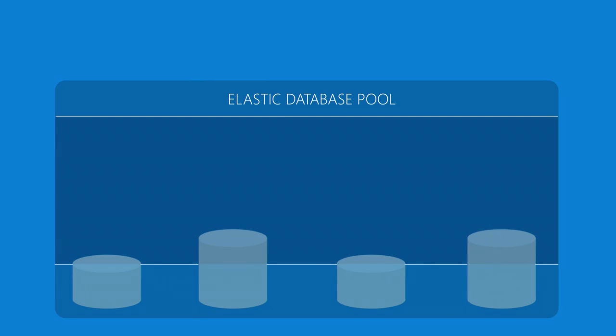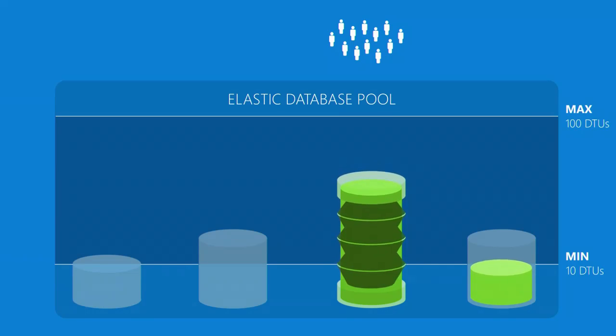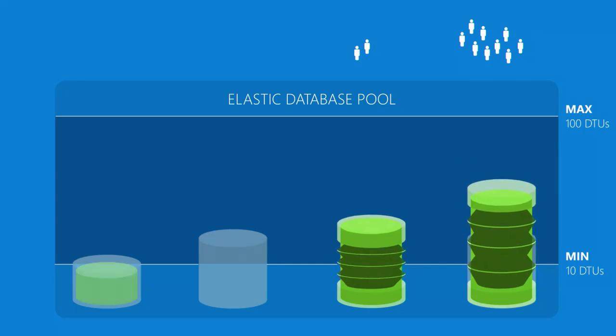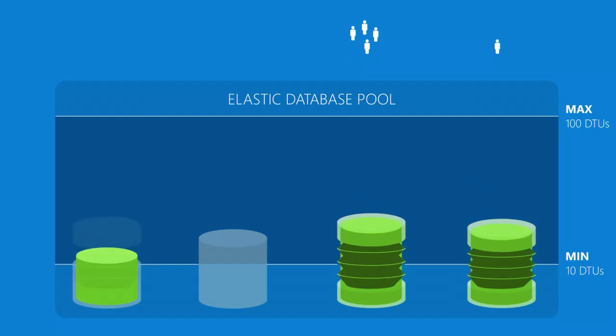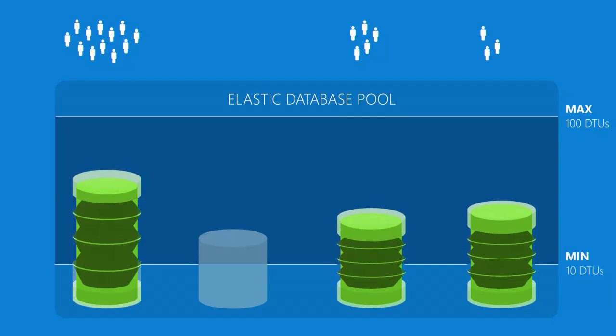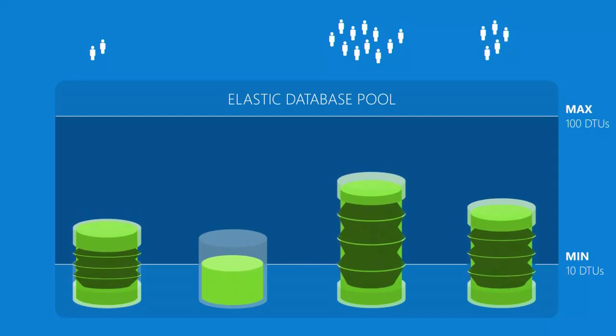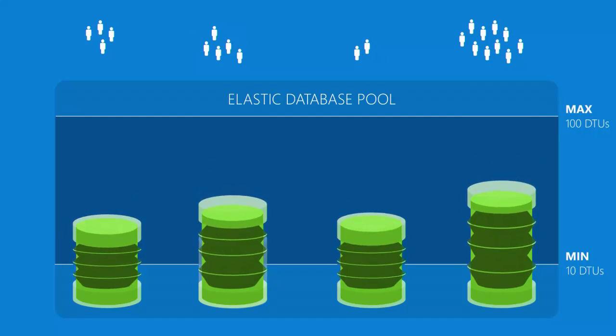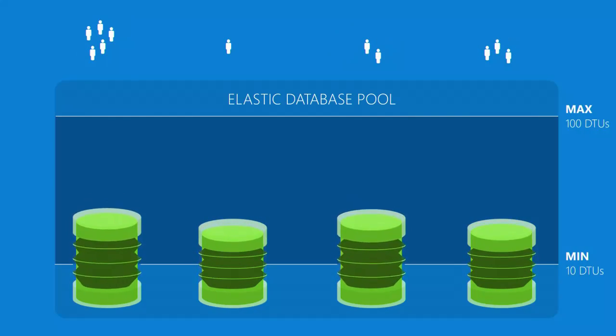What we can do with Elastic Pool is put all of these into a DTU pool so they can all take capacity from the overall pool. Each of them can use those DTUs, grow to a larger consumption, and then drop back down.